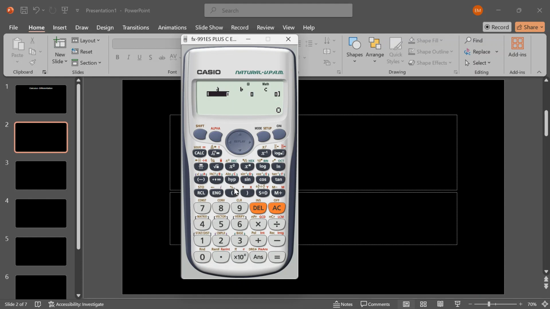So now a is the coefficient of the variable to the power 2. And in this case, x squared is having a coefficient of what? 1. So we hit 1 and press equal to. Now, b is the coefficient of the variable x to the power 1.